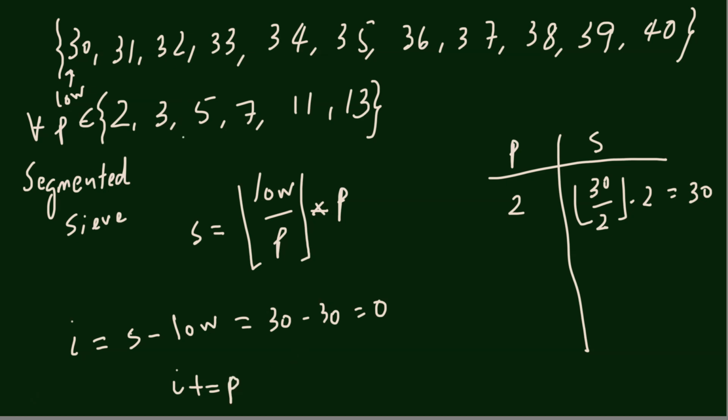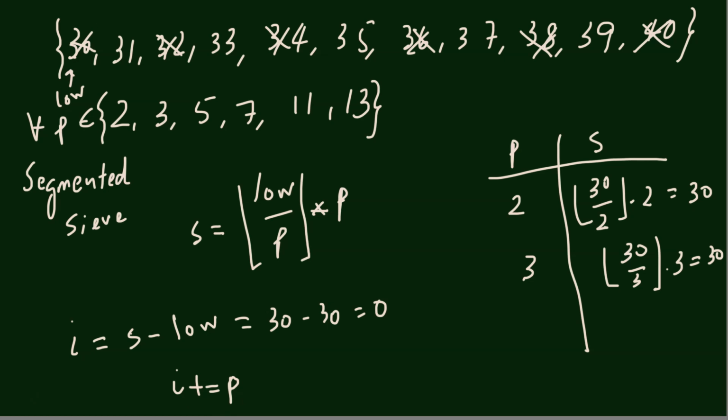So let's do this for 2. The first one is, of course, 0. So we cross this out. We increment by 2. The even numbers are all gone. All right, so let's start with 3. 3 gives us, again, 30. So our starting would be 0 again, and we increment by 3.